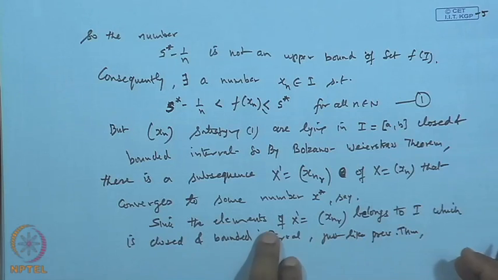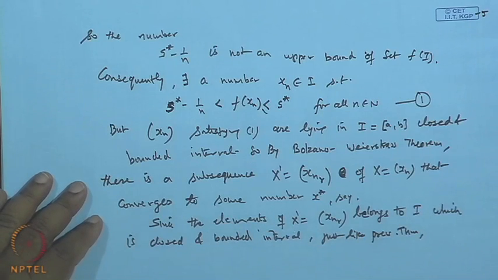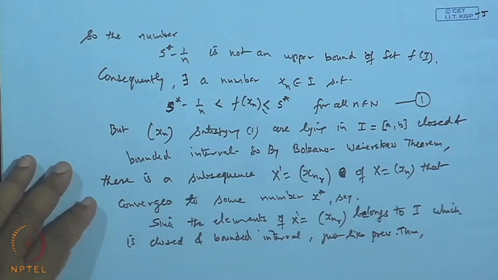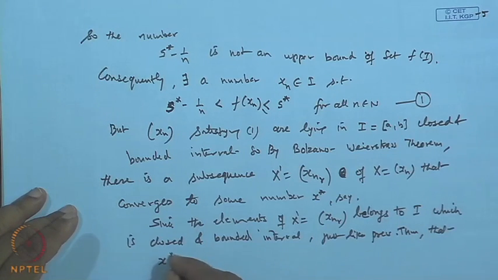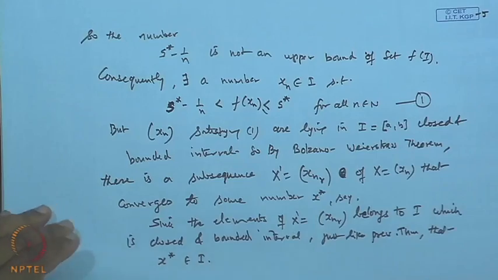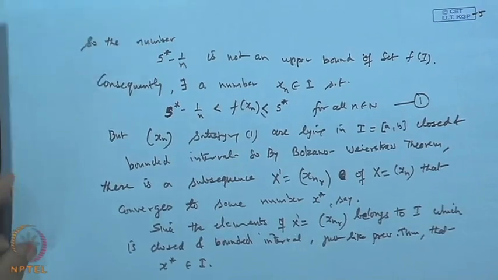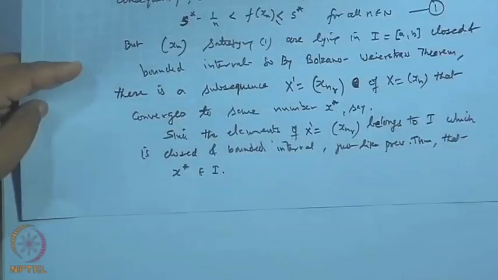So, it follows that the limit point x star is also a point in I.